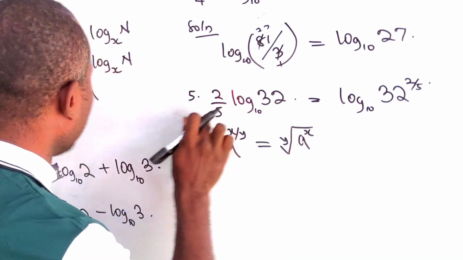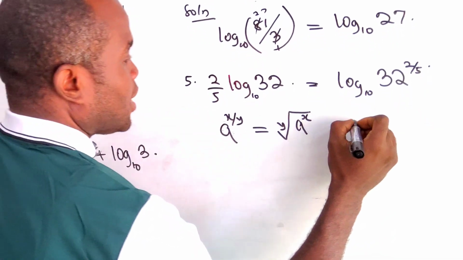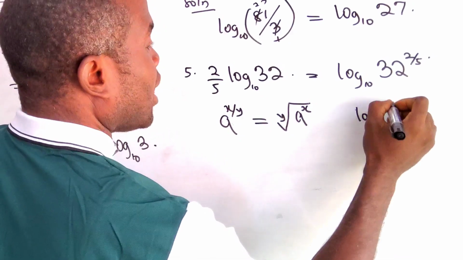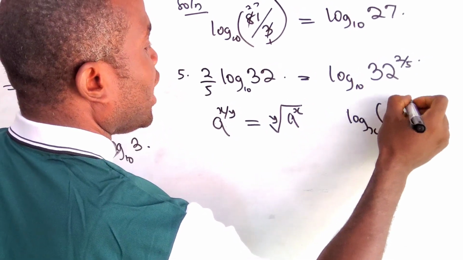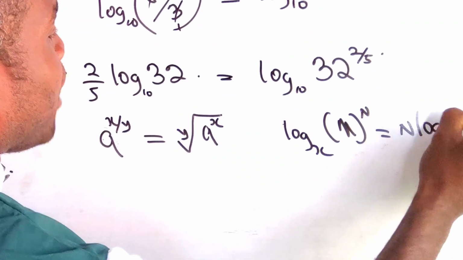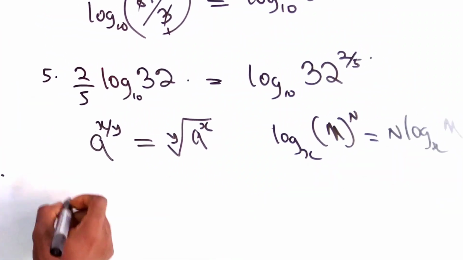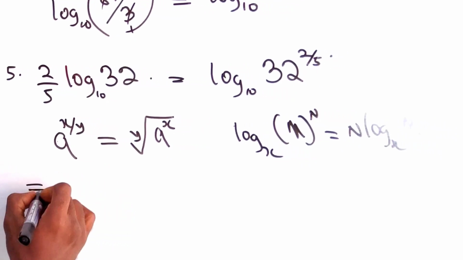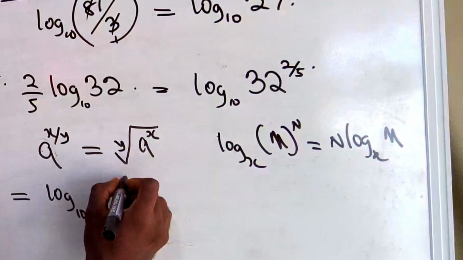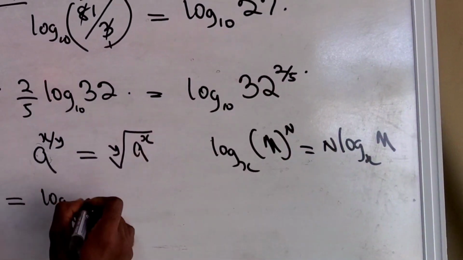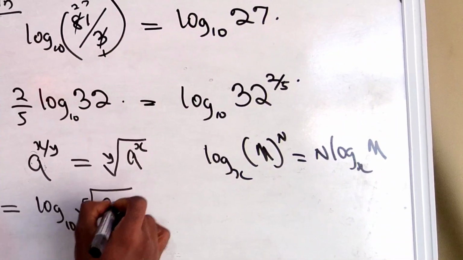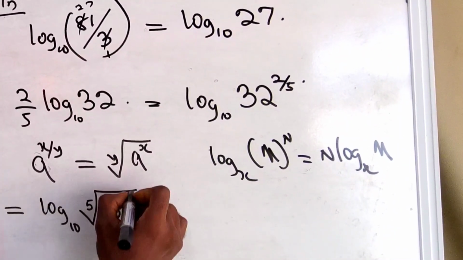And what we applied here is just the third law, which says that log base x of m to the n is the same thing as n log base x of m. So what you do is simple: this is the same thing as log base 10, you bring this one, the fifth root of 32, raised to power 2.